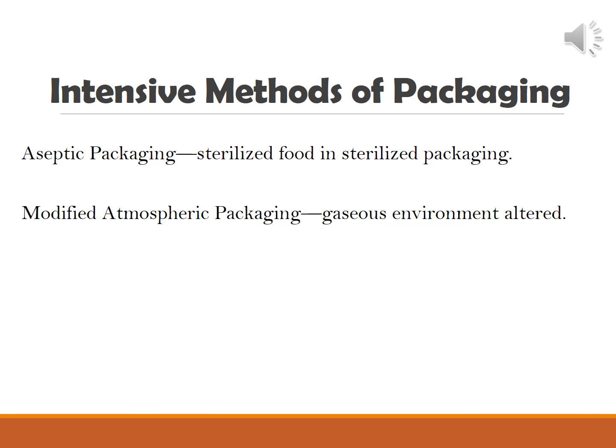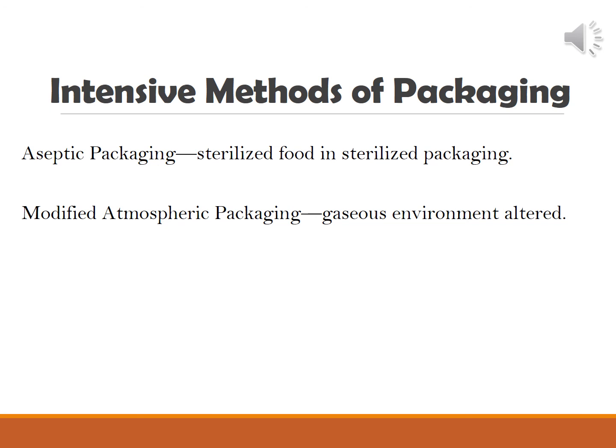So we sterilize that food, sterilize the packaging, put the food in that packaging, seal the packaging, and so you have just created an environment that has absolutely no bacteria. So that food is going to have an incredibly long shelf life because there is no bacteria in there that can cause spoilage to occur.